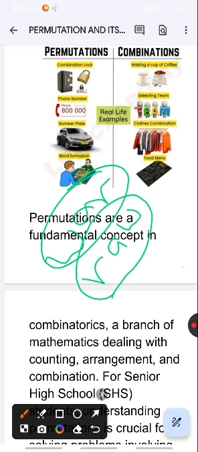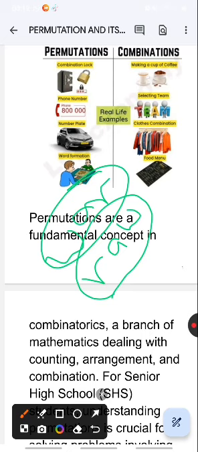So with combination, there hasn't been any change of arrangement. But for permutation, there are 2 arrangements here. So we can infer from what we have described that permutation deals with the order of arrangement, whereas combination does not.